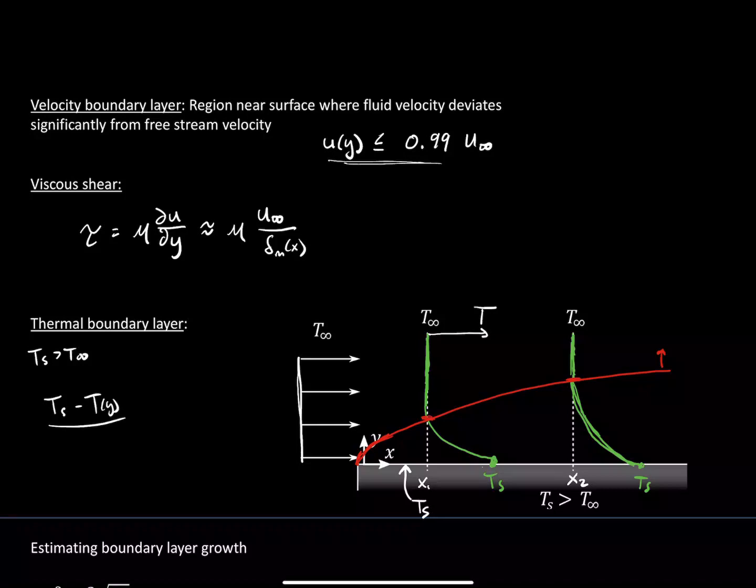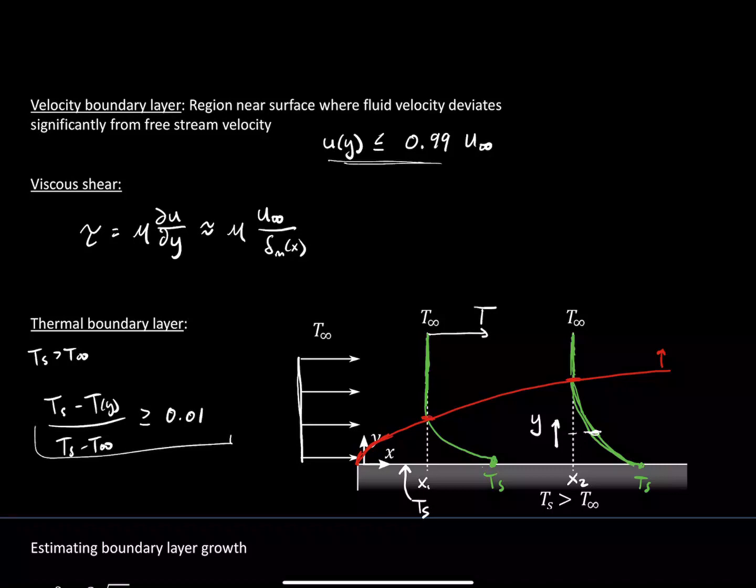That's the temperature in the y coordinate over here. It's some position y, and you pick a temperature. So Ts minus T(y) over Ts minus T infinity. And we're going to look for any place where that ratio is greater than 0.01, right? Which is the equivalent of the velocity, but we just flipped it around because we're saying that the temperature at the wall is higher.